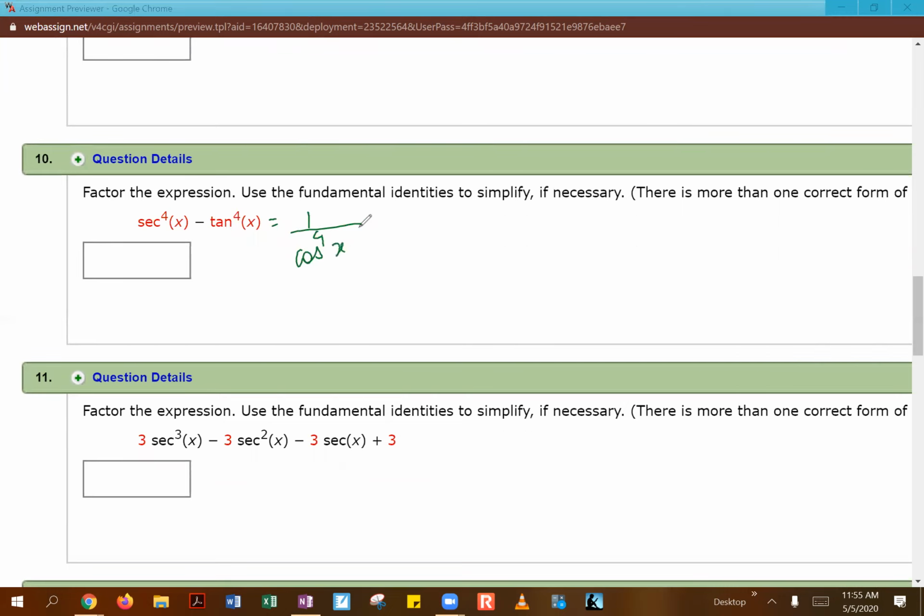Okay, so secant you're rewriting as 1 over cosine to the fourth power. And then what are you doing with the tangent? The sine of x to the fourth power, and again over cosine of x to the fourth power. Okay, alrighty.